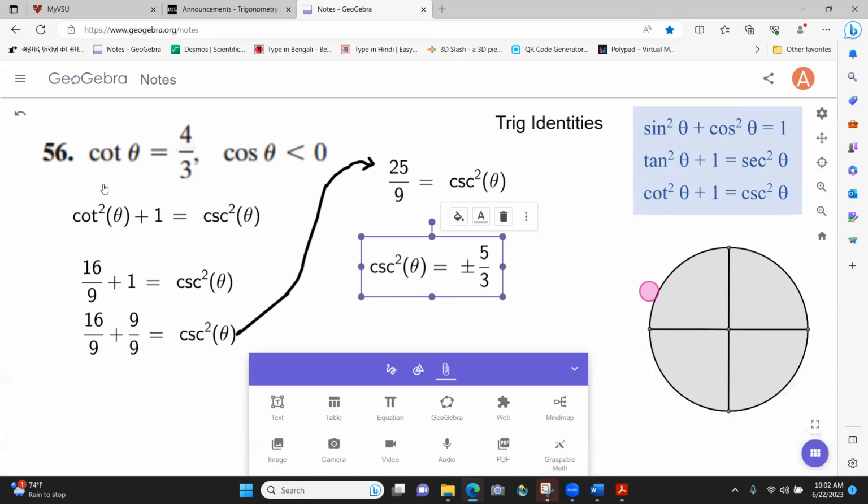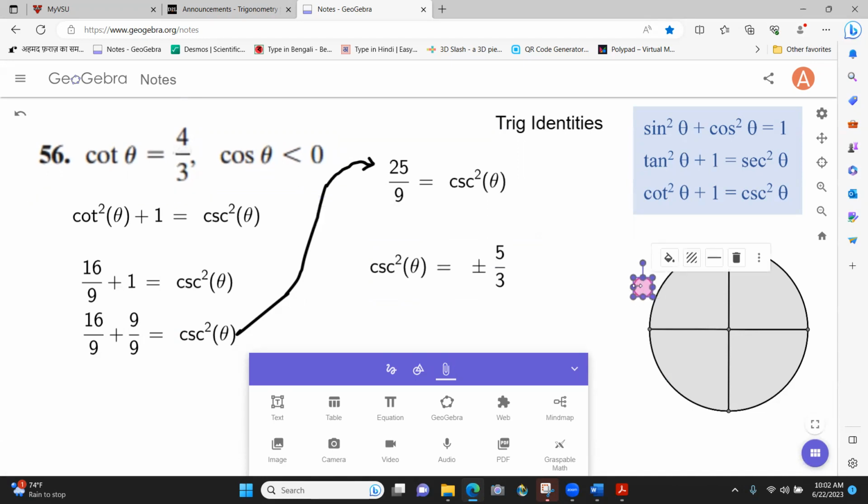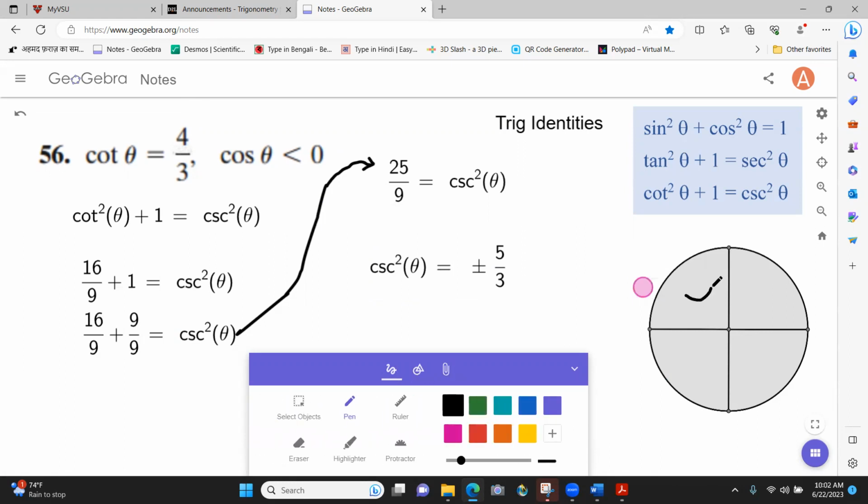I don't know it yet. So cosine is negative. The question says so. Where is cosine negative? Cosine is the x-coordinate. X-coordinate is negative here and here. But cotangent is simply cosine over sine. And since cotangent is positive, both cosine and sine are positive.